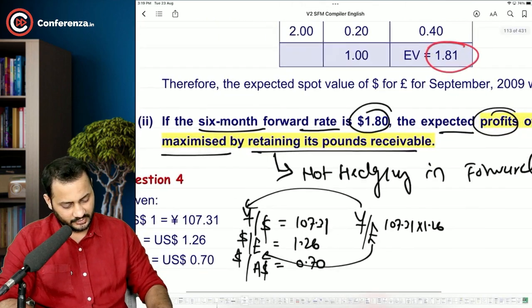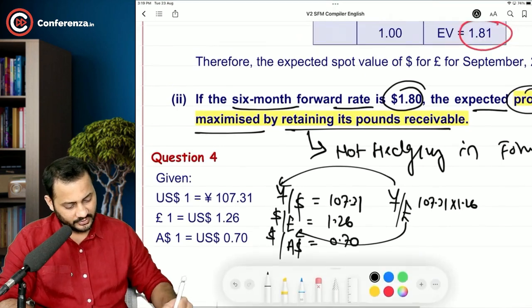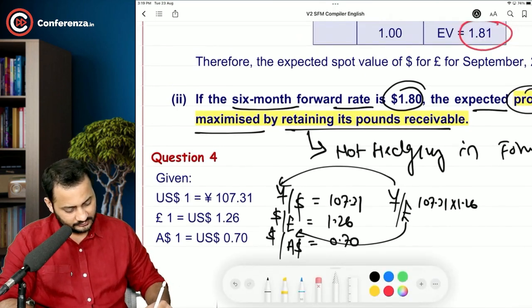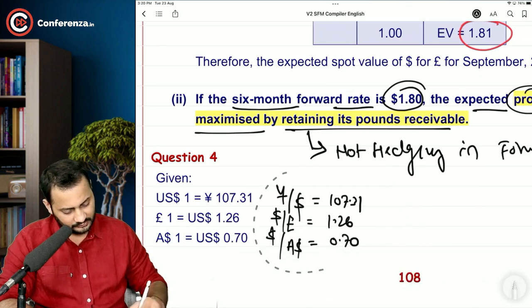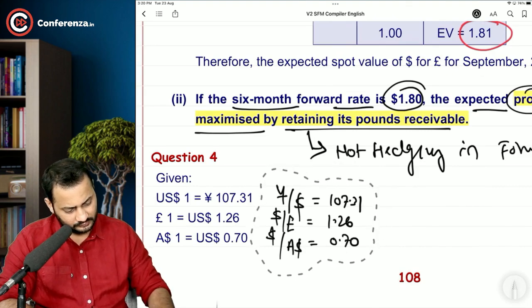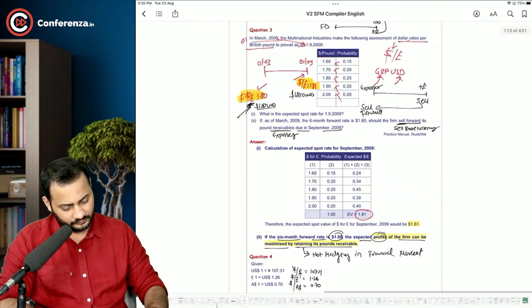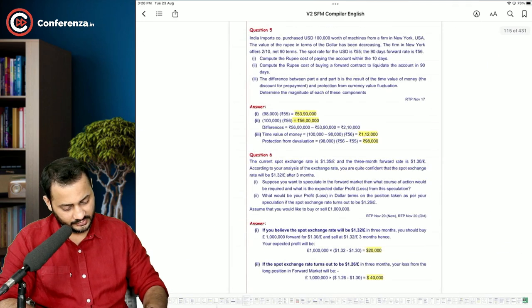Can I take these figures on the other side so that I don't have to come again and again here? I will take this data and paste it on the other side.